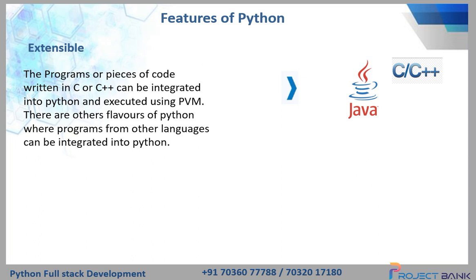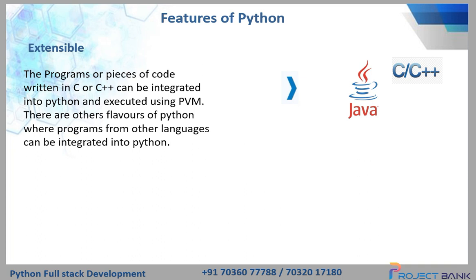Let's say the company has already been working for many years with Java, C or C++. If you want to migrate to Python, you don't worry. Whatever you have written in C programming, you can easily convert into Python with the help of Cython. I will show you those flavors in the next slides.